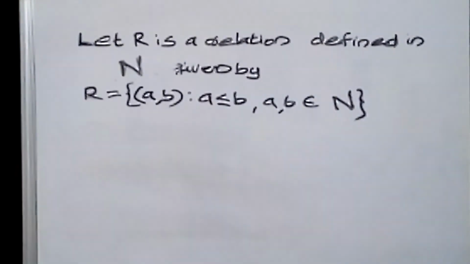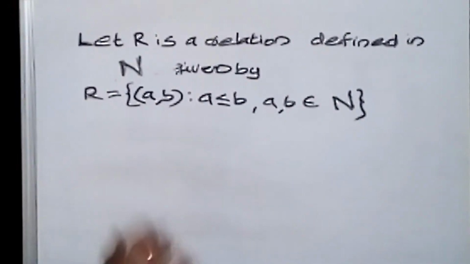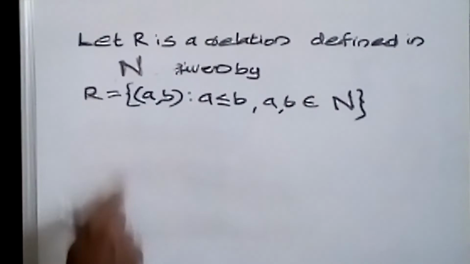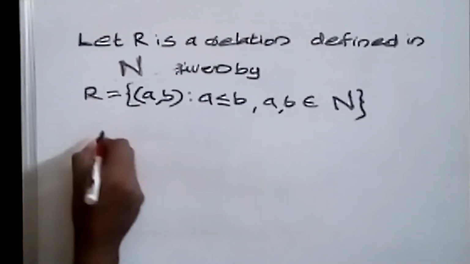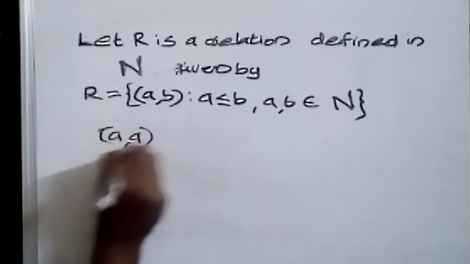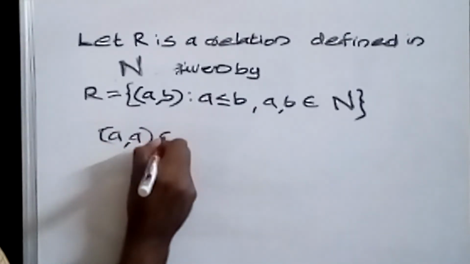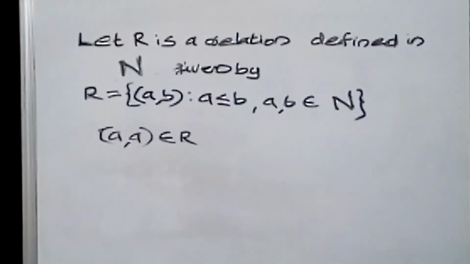Now, to prove that it is a reflexive relation, for a reflexive relation the element should be related to itself. Here we write A is related to A, that is, (A, A) belongs to R. Why does (A, A) belong to R?